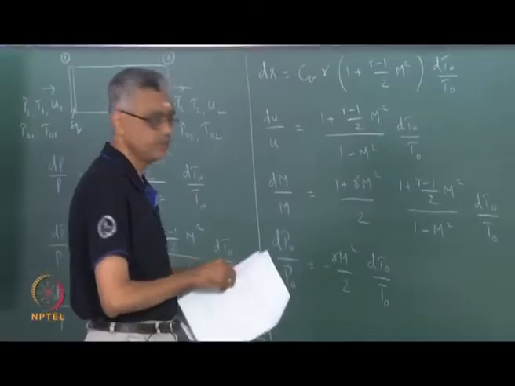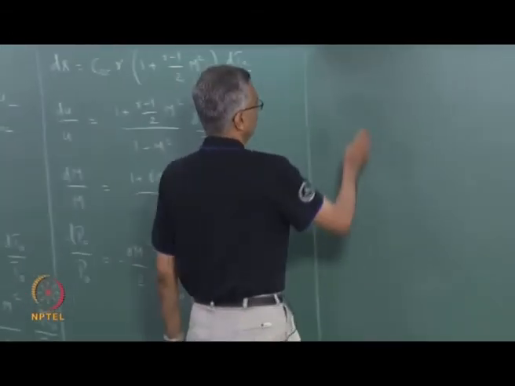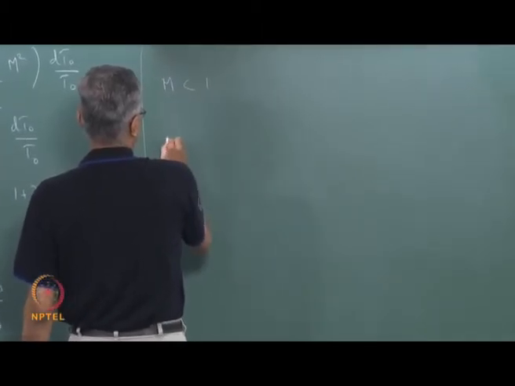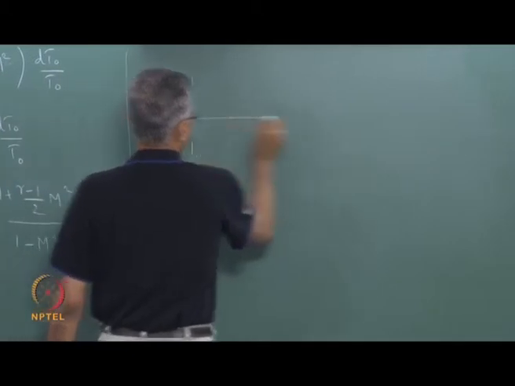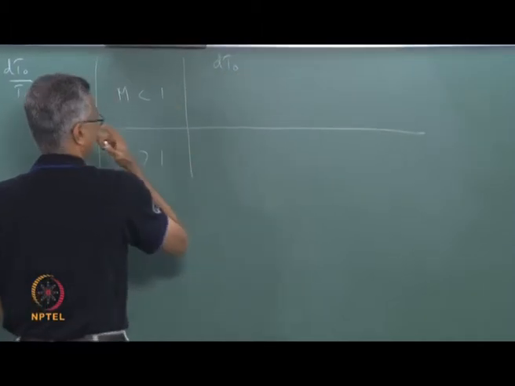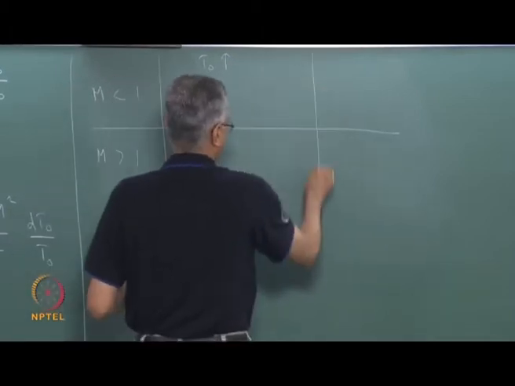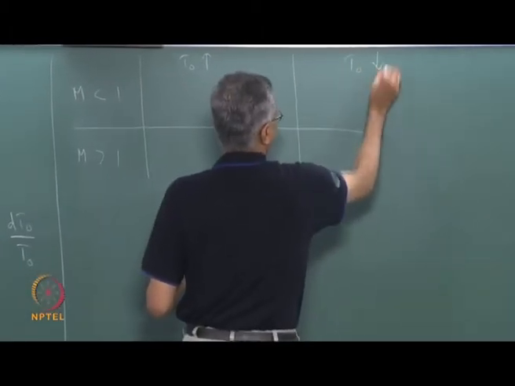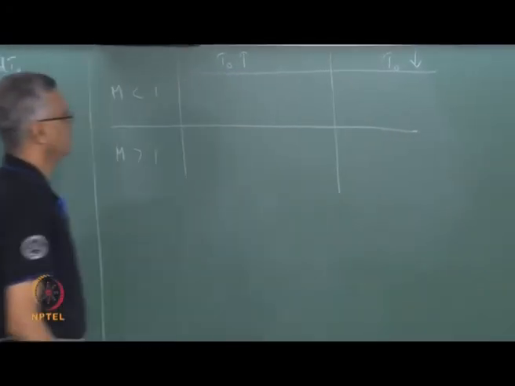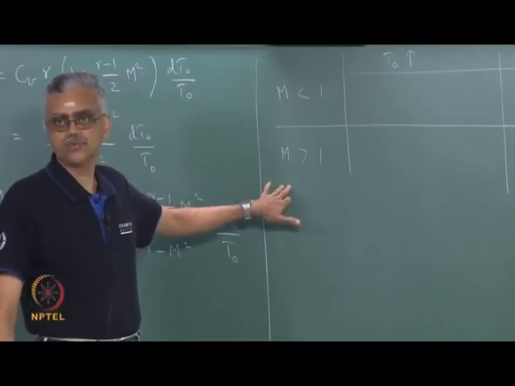So what I am going to do next is the following. We are going to look at two situations. So I am going to tabulate. So we are going to see what happens when I add heat to a subsonic flow and to a supersonic flow.